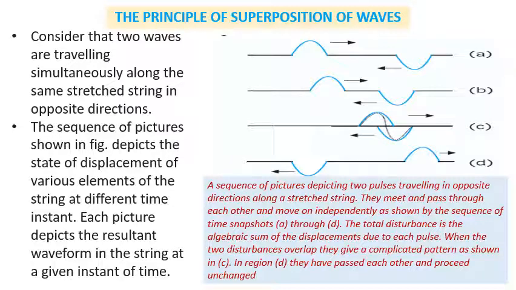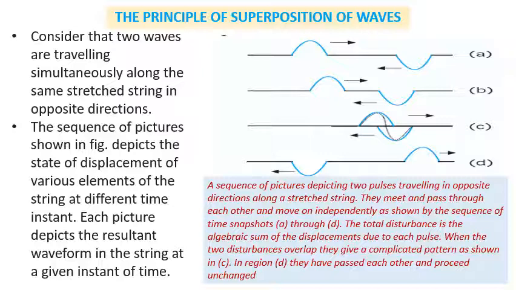Superposition principle of waves. Consider two waves traveling simultaneously along the same stretched string in opposite directions. The sequence of pictures shown in the adjacent figure depicts the state of displacement of various elements of the string at different time instants.